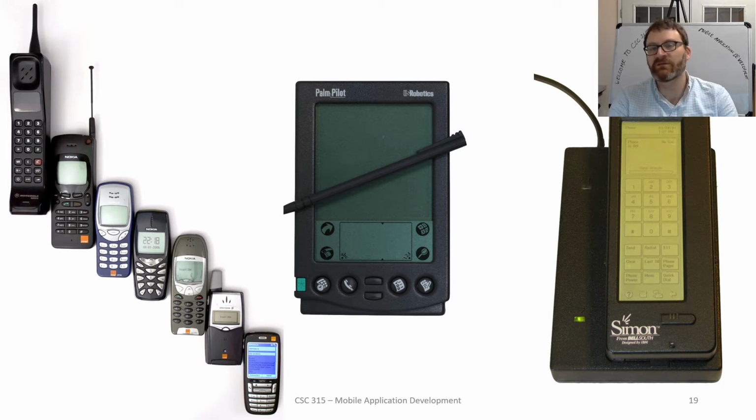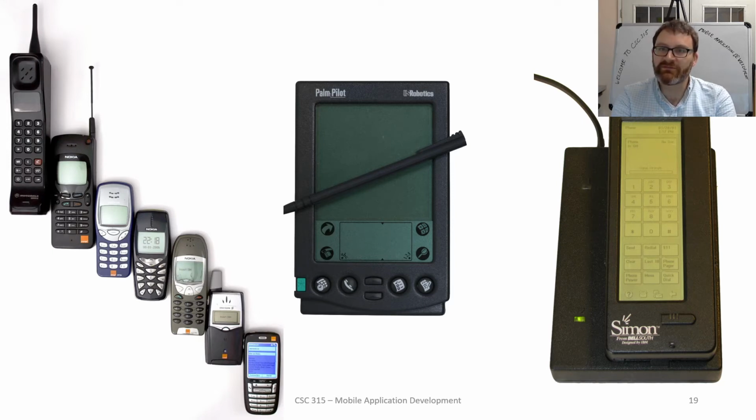It could do this weird new thing called email. It could send a fax. And it had some other things. It had a calculator and contact lists and things like that. And of course, you'll notice if you squint real hard at it, it has a touch screen. So way back in 1994, we had a touch screen.